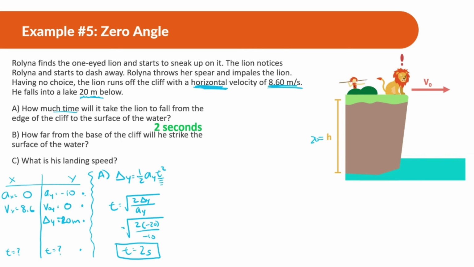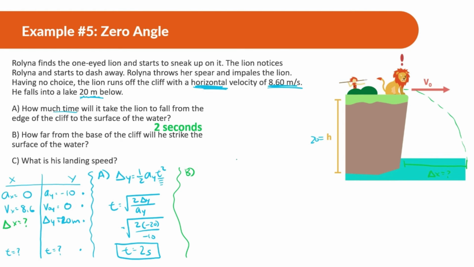Okay. Let's look at part B. Part B says, how far from the base of the cliff will he strike the surface of the water? Okay, so let's think about that first. He's going to be falling like this, and we want to know how far from the base of the cliff he will be. That is the displacement in the x.